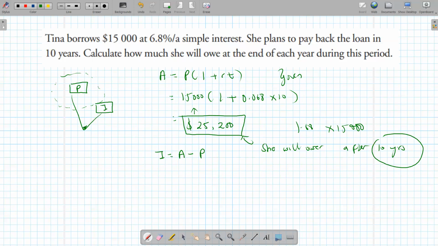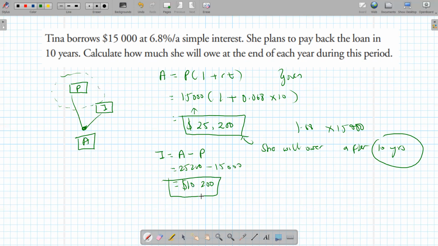These two combine to make the final amount. Principal plus interest is the amount. So if we're just trying to find the interest, we subtract the final amount she pays back, 25,200, minus how much she borrowed to start off with, 15,000. So she pays $10,200 in just interest.